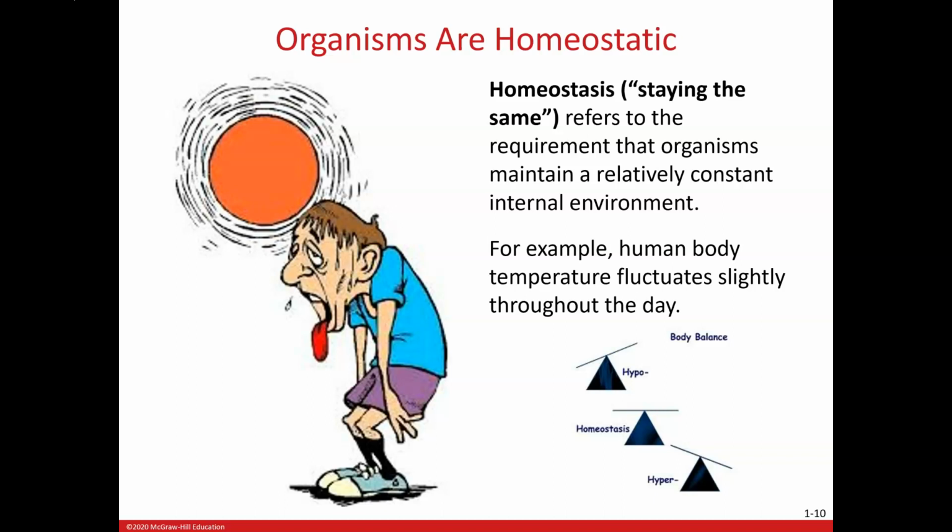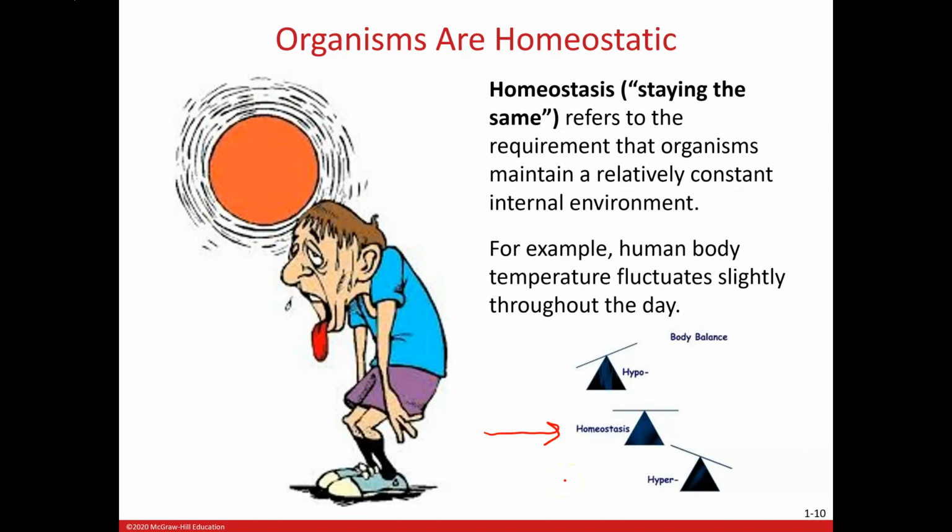So when we talk about homeostasis, we're looking at balance. And so that's what this picture is showing. Here we are maintaining balance. Anything that is throwing us out of homeostasis is dangerous. So you can be hypo or hyper, and that's dangerous.